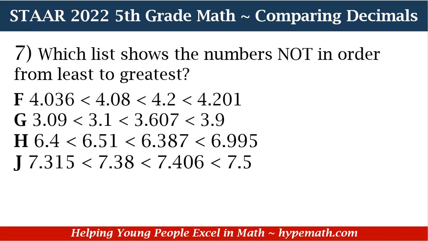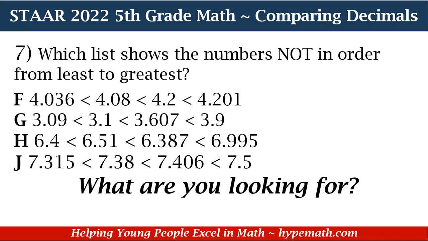Or H, 6 and 4 tenths is less than 6 and 51 hundredths, which is less than 6 and 387 thousandths, which is less than 6 and 995 thousandths. Or J, 7 and 315 thousandths is less than 7 and 38 hundredths, which is less than 7 and 406 thousandths, which is less than 7 and 5 tenths.